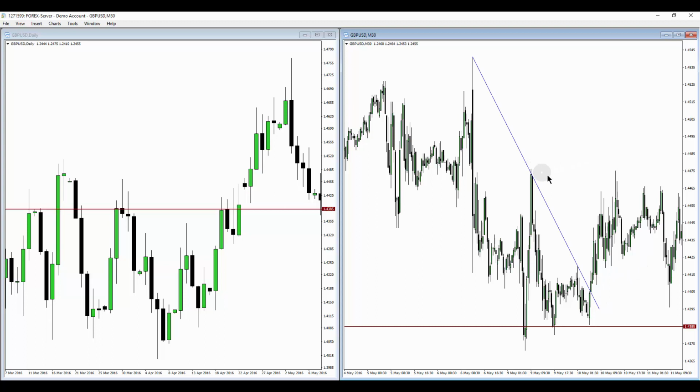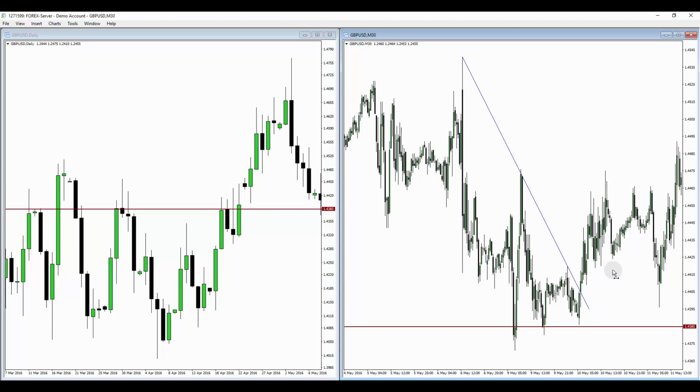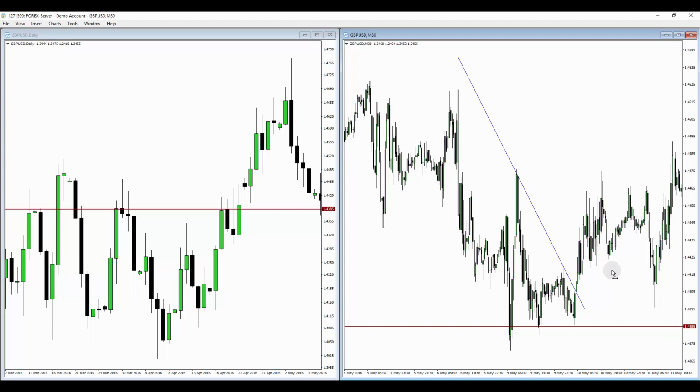Again, up here is where we'd be expecting to see the buy stops be tagged. You can see that happening here. Buy stops hit right there. Buy stops hit right here.